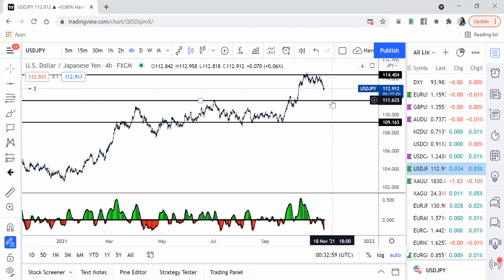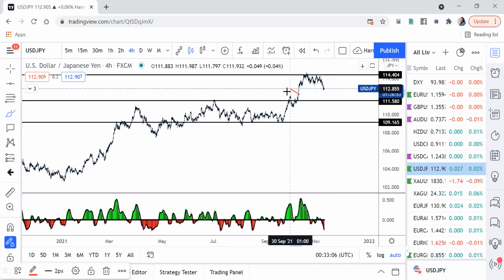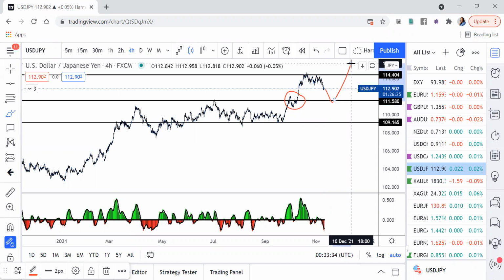So now you can start to get an understanding of what's happening on the market, because we had a break of structure here, right? We need structure to be retested, right? So therefore, I'm really looking for this to come down to this area, and then for it to go: break, retest, and go, right?